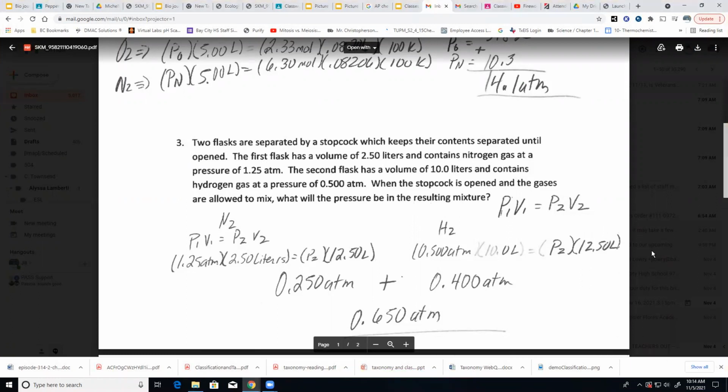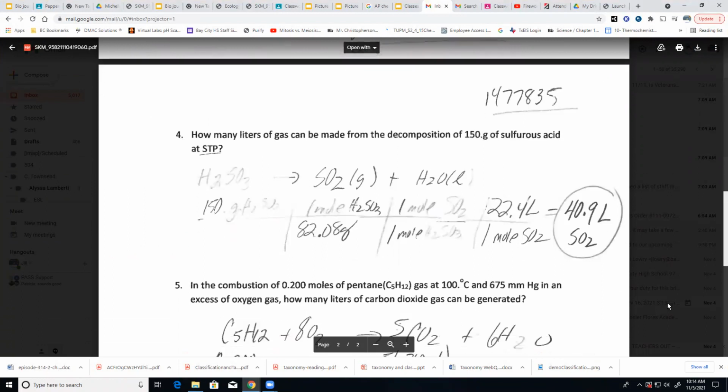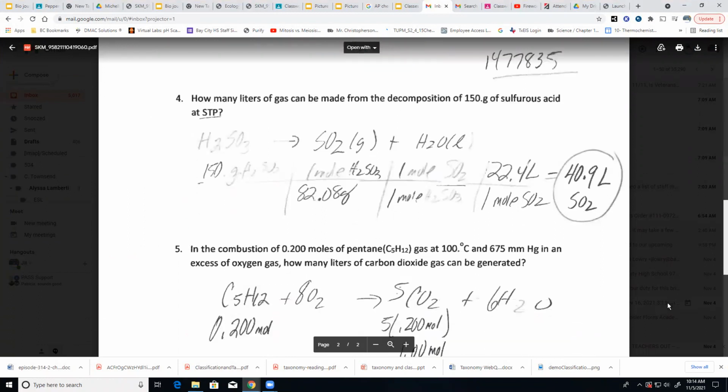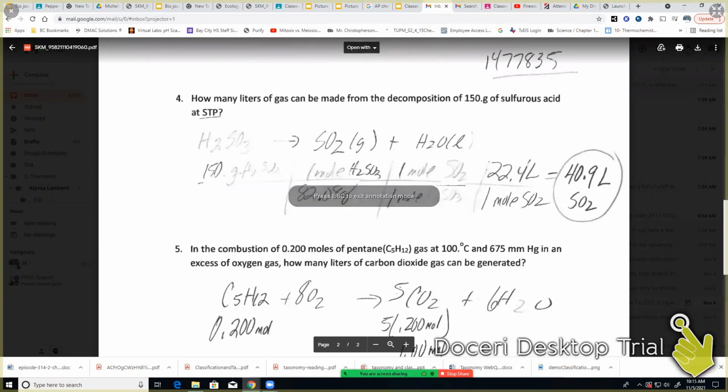So the next one I think might have been another stoichiometry problem. Oh, this one you had to know, and this came from that little section in our things you need to know, that sulfurous acid, what it decomposes into. If you didn't know that, then it might have been kind of hard to get going. And then after that, it was just a stoichiometry problem. And once again, you were at STP.